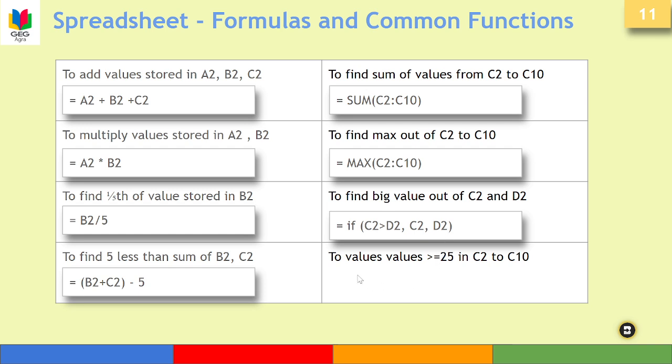Likewise, for the values greater than 25 in C2 to C10, we have to count the values of the cells from C2 to C10 which are greater than or equal to 25.